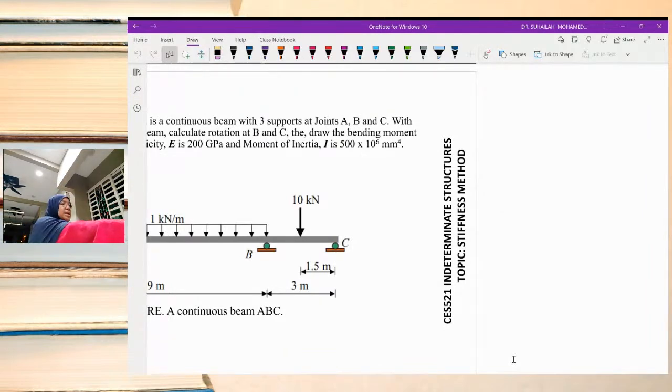So we only have to count 2. Another difference between beam and truss is the stiffness equation. For truss we use the stiffness equation Q is equal to KD.